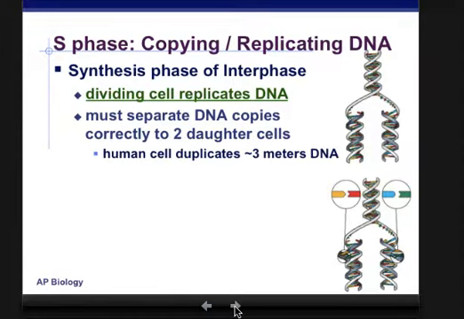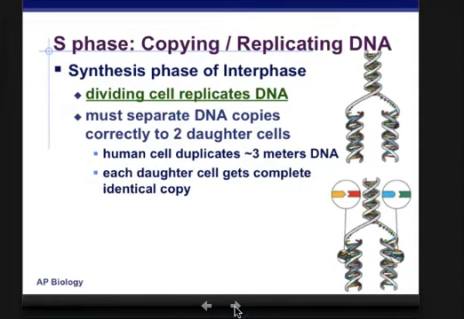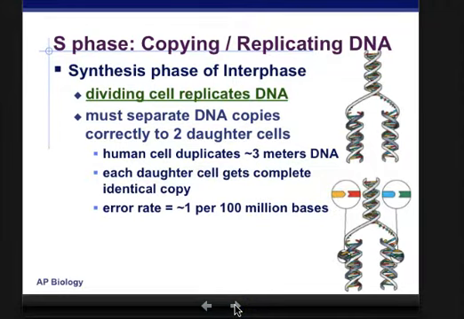Okay, and just as a point of reference, the human cell duplicates approximately 3 meters of DNA, and each daughter cell gets a complete identical copy. Right? And the rate of error that can occur with mitosis in DNA replication is about 1 per 100 million bases. So there's a small amount of error.